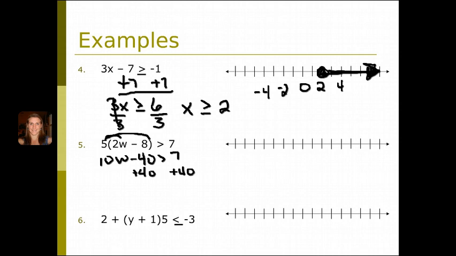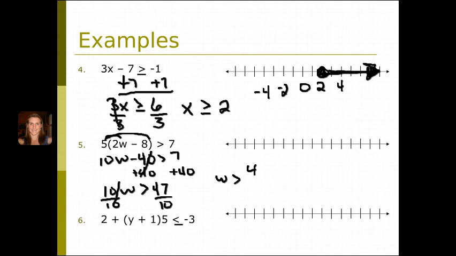You're left with 10w is greater than 47. Divide by 10. So you have that w is greater than 47 over 10.